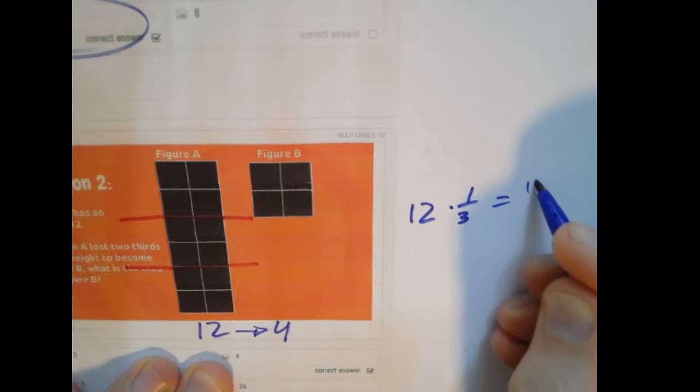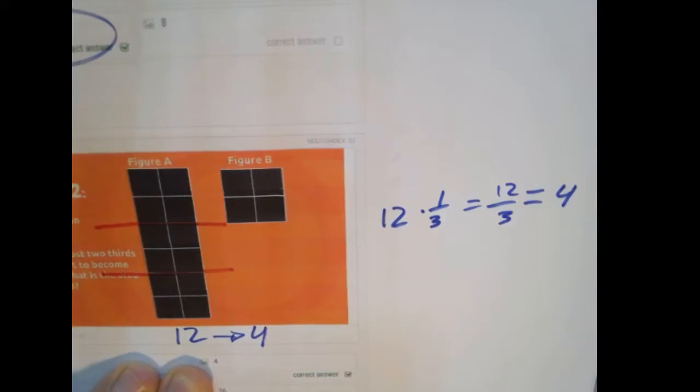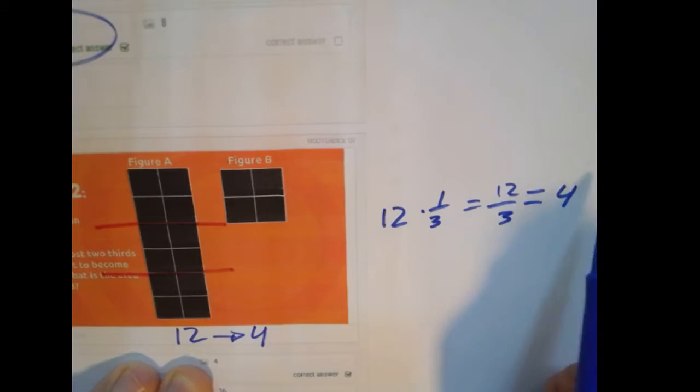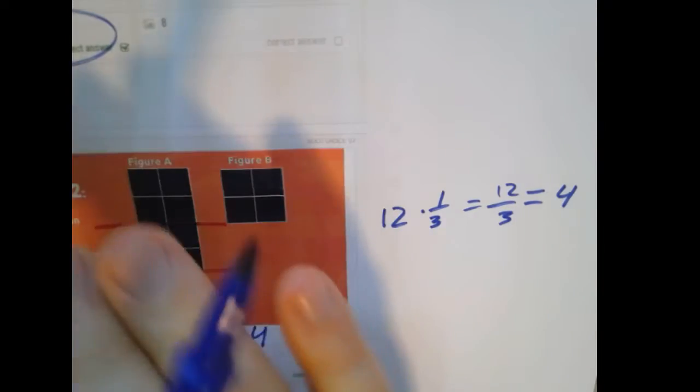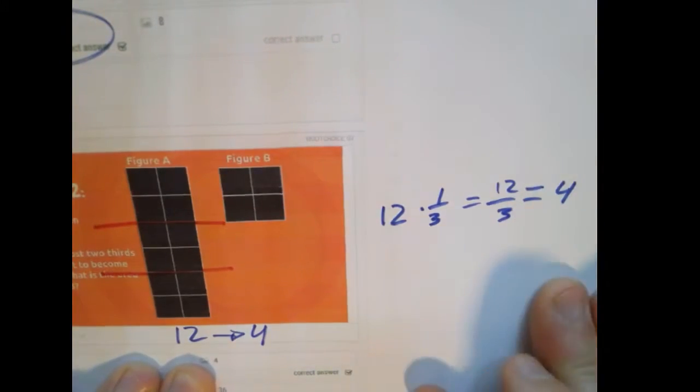Well, that would be like 12 over 3, or 4. Okay, see how we're connecting those ideas of counting shapes and working with fractions. And that is the goal of that problem.